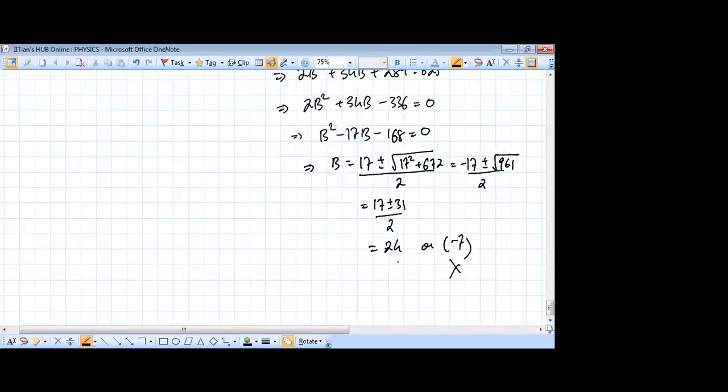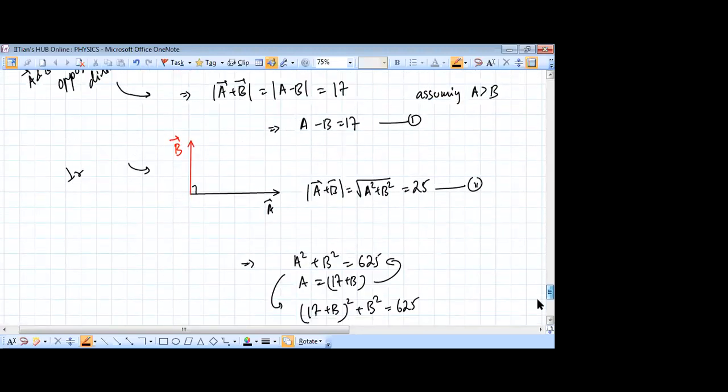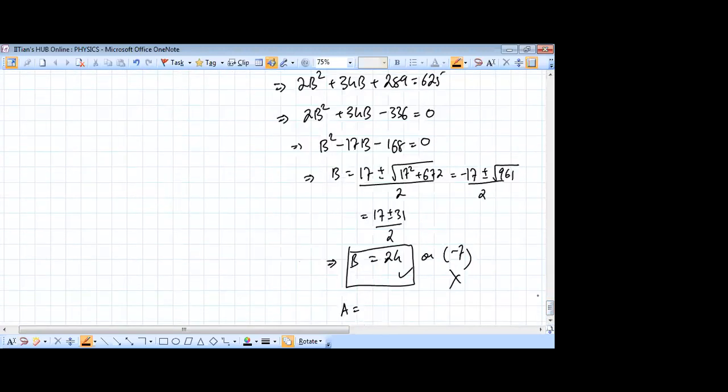So minus 7 is rejected because B has to be a positive quantity. And A therefore becomes 17 plus B, 41.